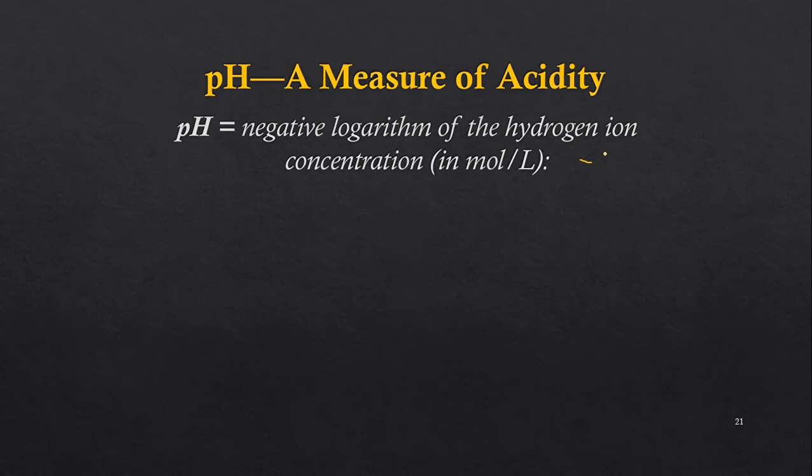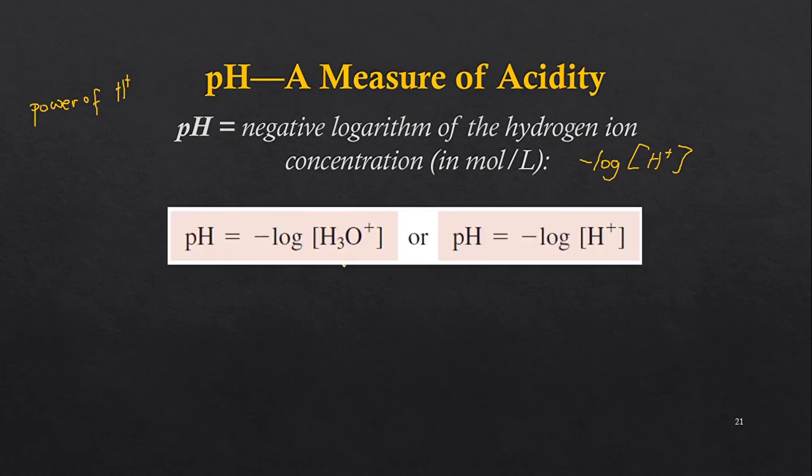Okay? So, negative logarithm of the concentration of hydrogen ion. Or, yung mas maiksi nga na definition natin dyan, this is power of the hydrogen ion, pH. Okay? So, again, ito nga yung ating mathematical expression yan.